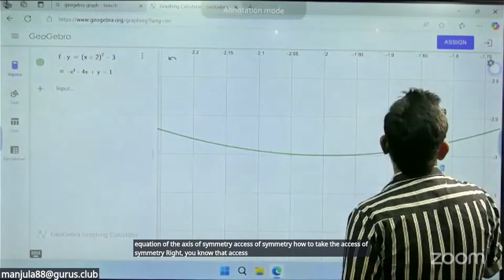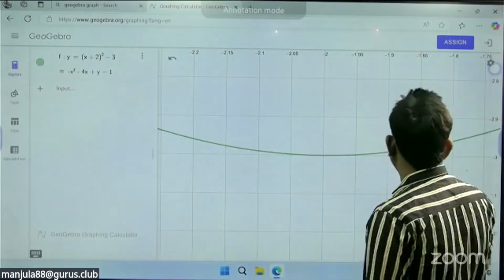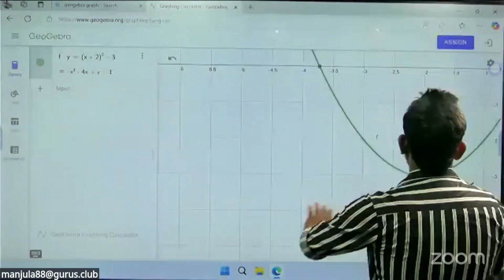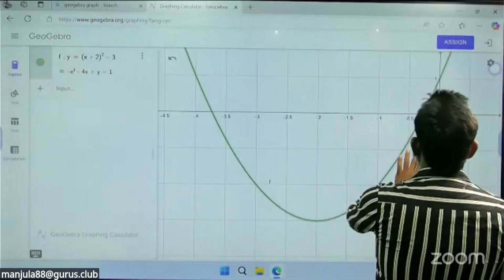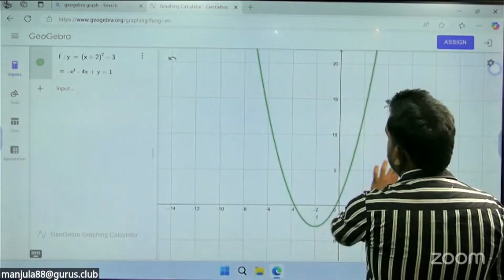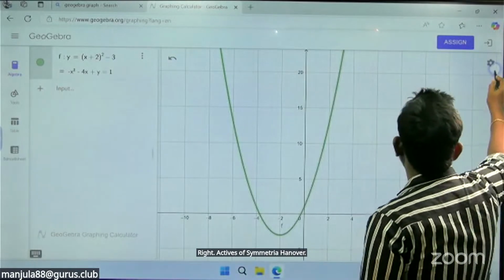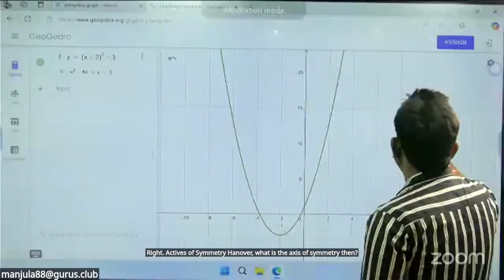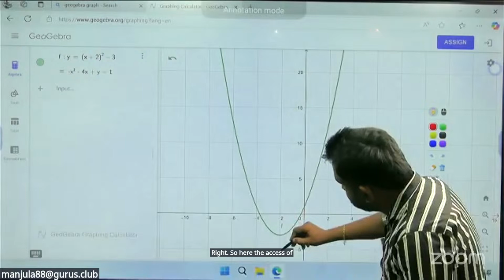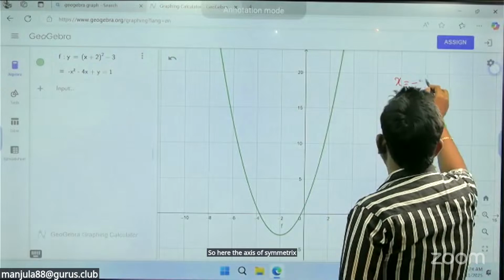What is the axis of symmetry then? Right, so here the axis of symmetry passes through -2, so the axis of symmetry is x equal -2.